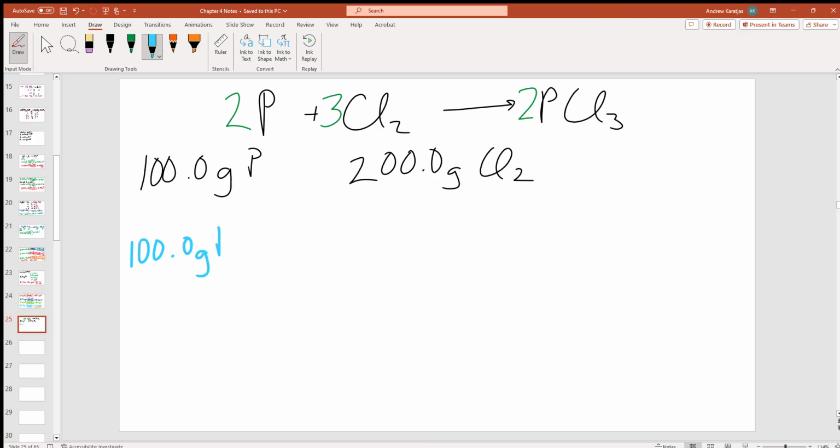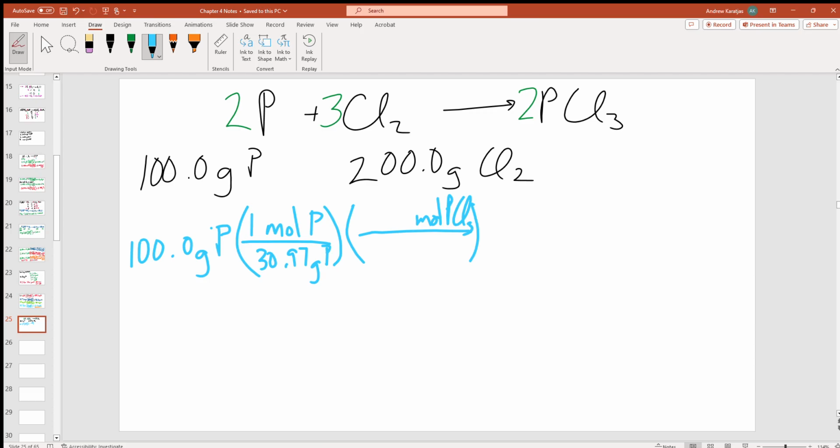So 100 grams of phosphorus, 1 mole of phosphorus is 30.97 grams. We then need to convert from moles of phosphorus to moles of PCl3. We get these numbers from our balanced equation, so 2 moles to 2 moles.